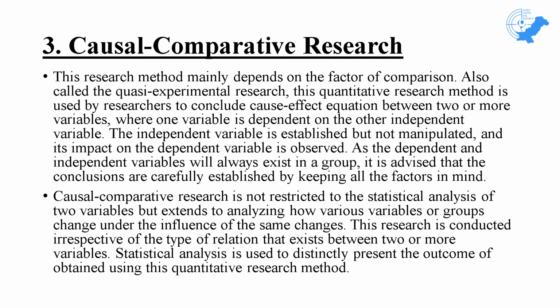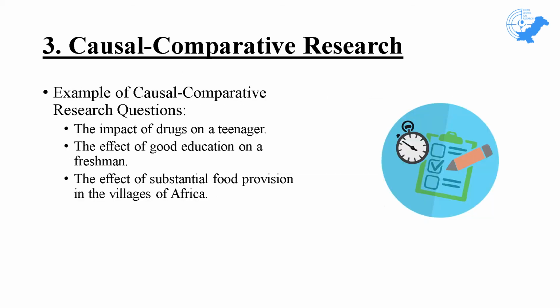This research is conducted irrespective of the type of relation that exists between two or more variables. Analysis is used to distinctly present the outcome obtained using this quantitative research method. A few examples of this study design are the impact of drugs on a teenager, the effect of good education on freshmen, and the effect of substantial food provision in the villages of Africa.